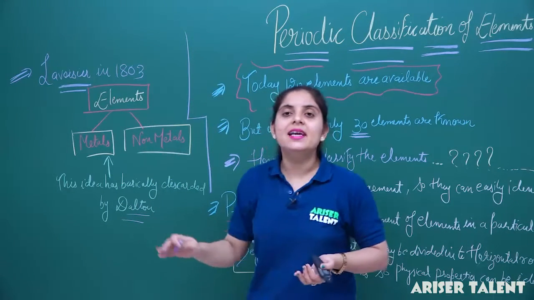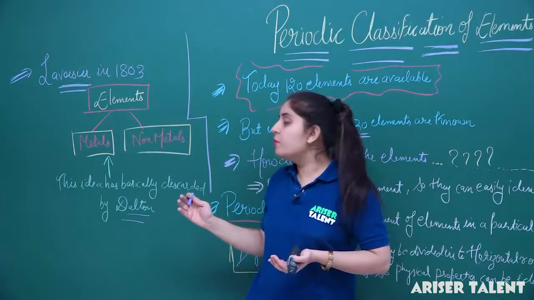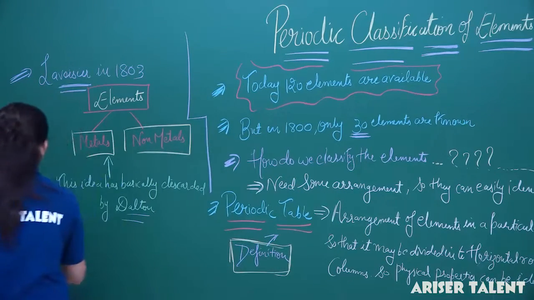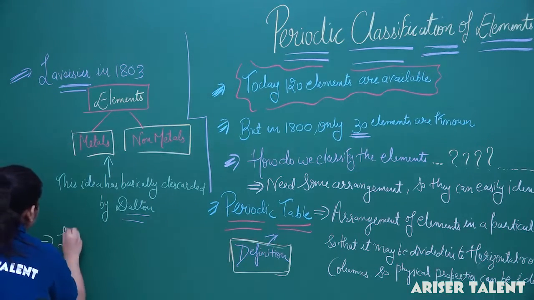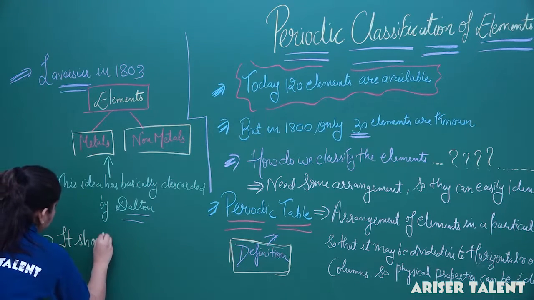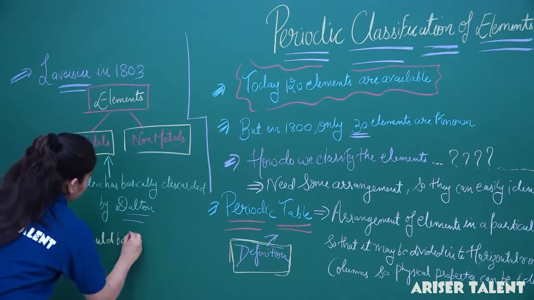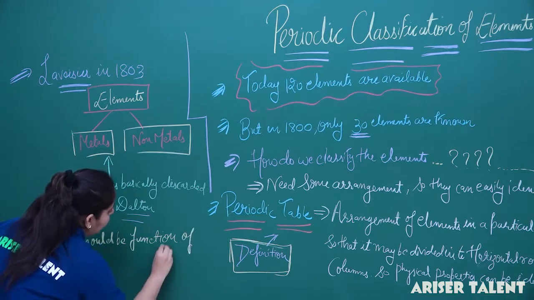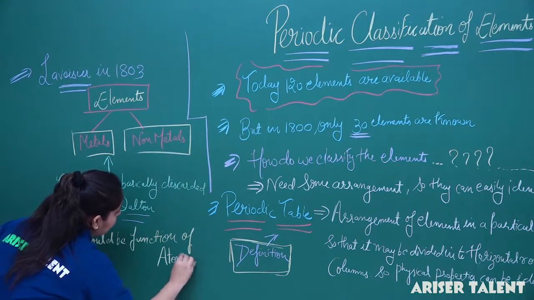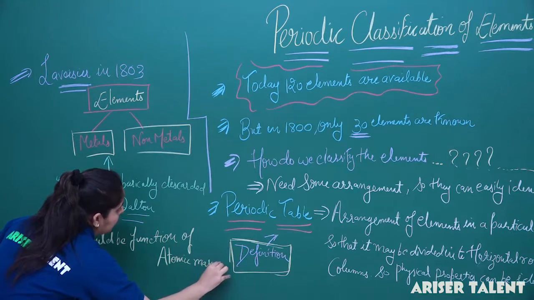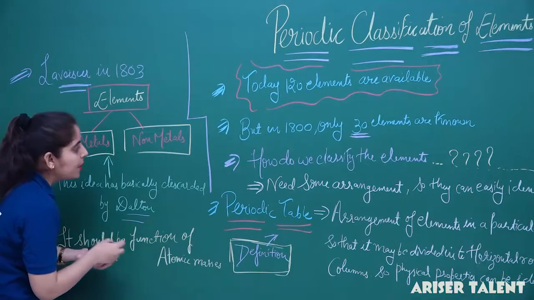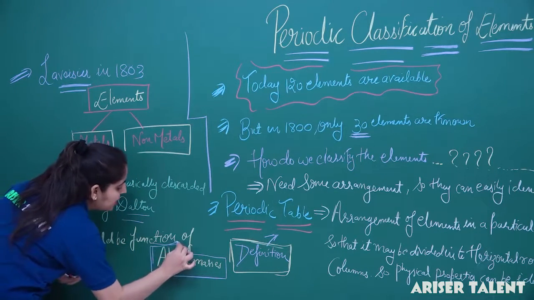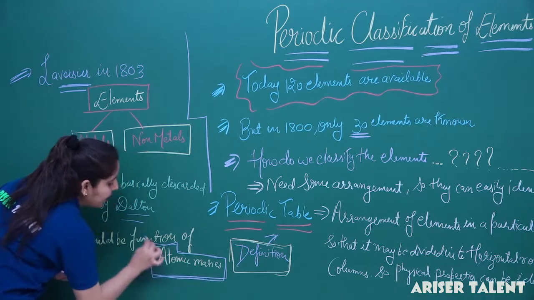Dalton said that the periodic function should be a function of atomic masses. If it is a function of atomic masses, this idea will be the basis for the formation of the periodic table.